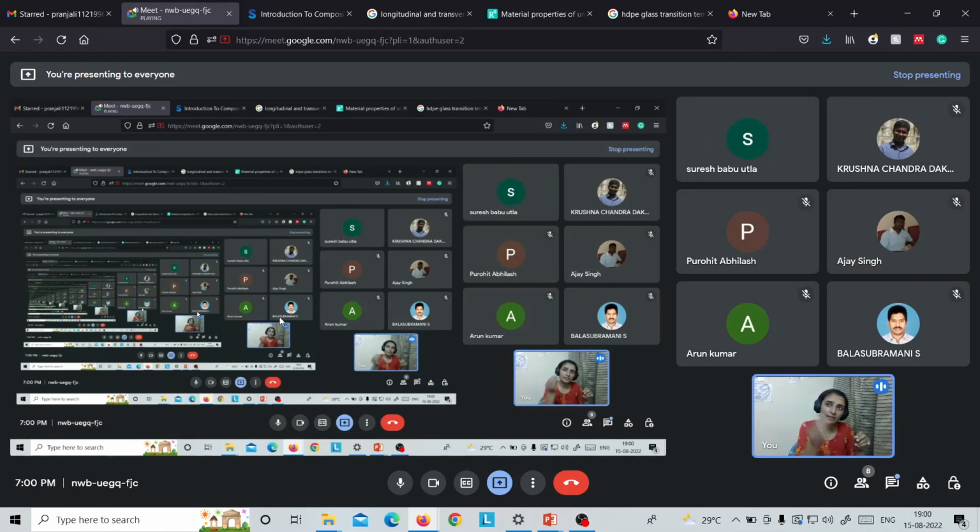So there is some constituent left out of the initial raw materials, so maybe that's present. Oxygen can be there because oxygen is always there whenever you are producing something at a commercial stage, because you cannot actually have a completely inert atmosphere. I don't have much idea. I'll check this time.